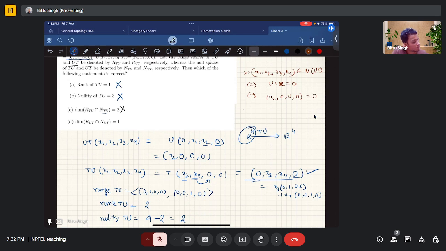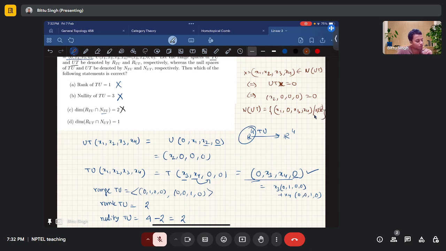So the null space of U_T contains x1, x2, x3, x4, but x2 is 0, and the x_i are any real number.